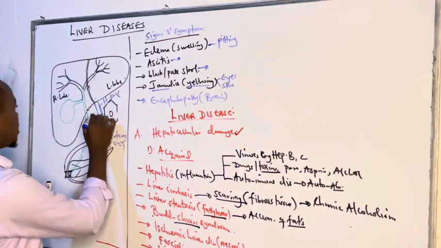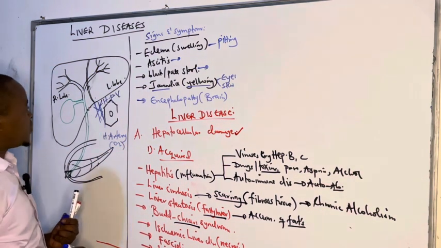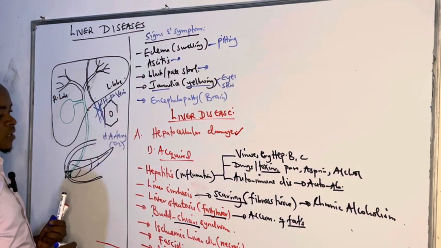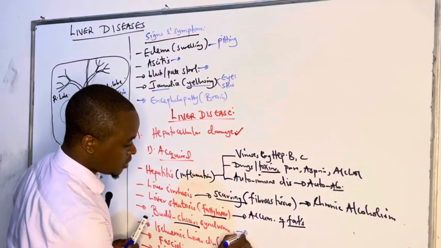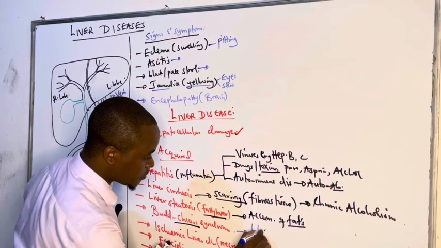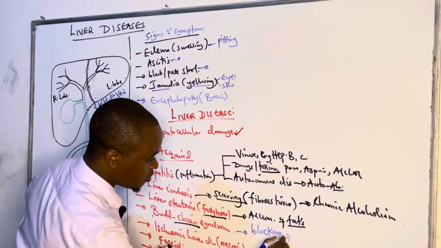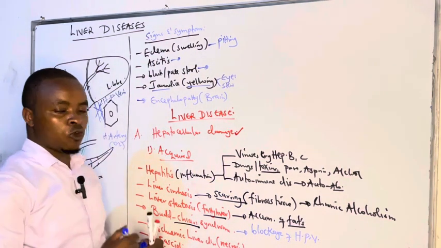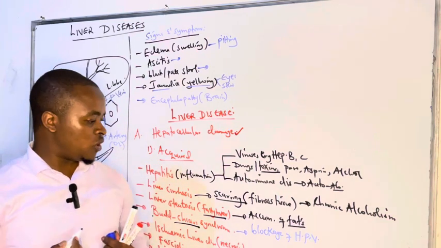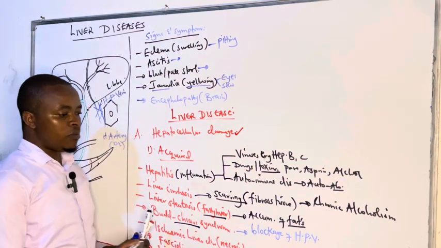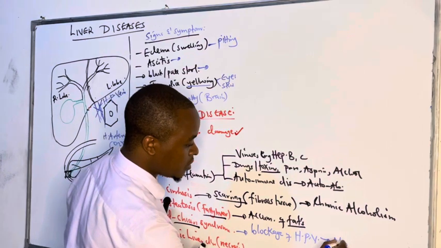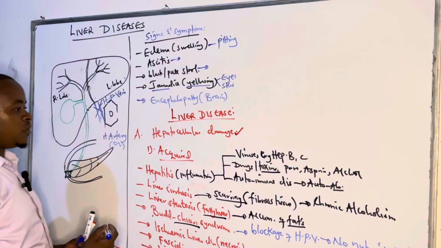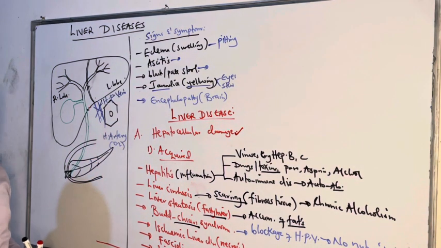So when the hepatic portal vein is blocked, meaning there is occlusion, no nutrients reach the liver. So it can result in Biliary syndrome.